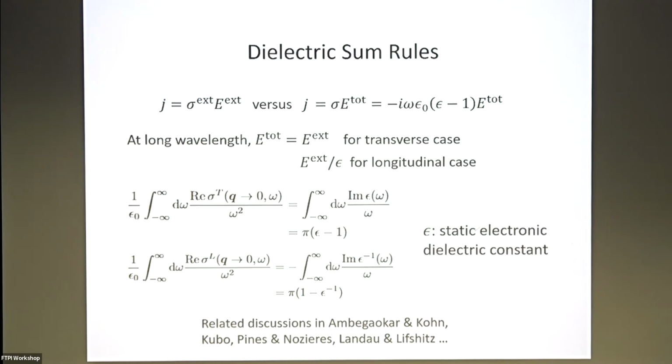While in the transverse case, the total field and external field are equal. Therefore, there are actually 2 types of sum rules. Okay, so one is from the transverse external conductivity, the other is from the longitudinal external conductivity, and one of them involves the imaginary part of epsilon, the other is related to the imaginary part of 1 over epsilon. Okay, and this took me a long time to figure out.